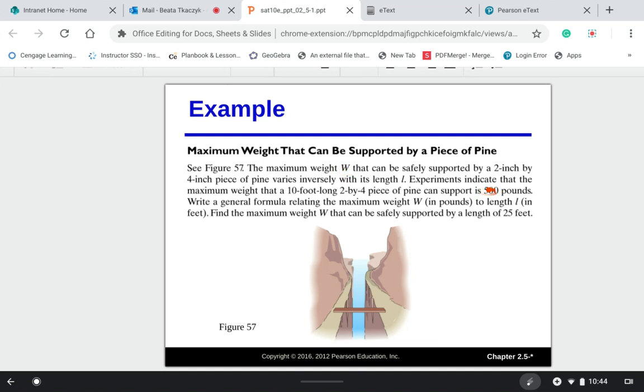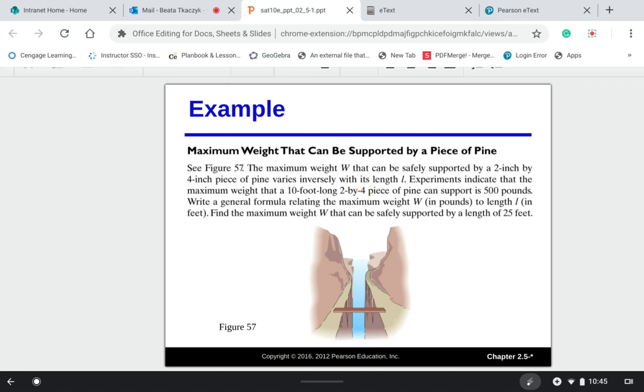So we know that weight is 500 pounds, supported at the length of 10-foot pine. Again, that 2 by 4 is extra info, which you don't really need.